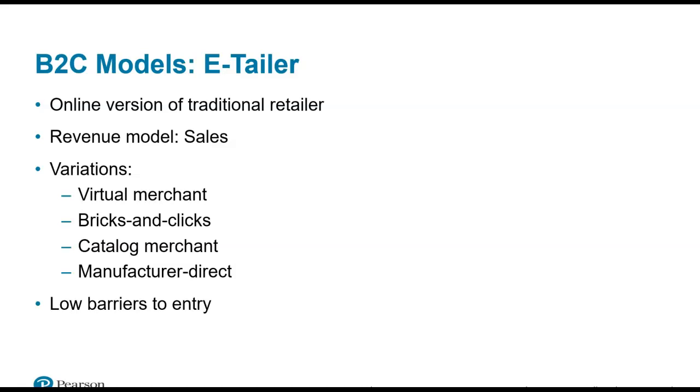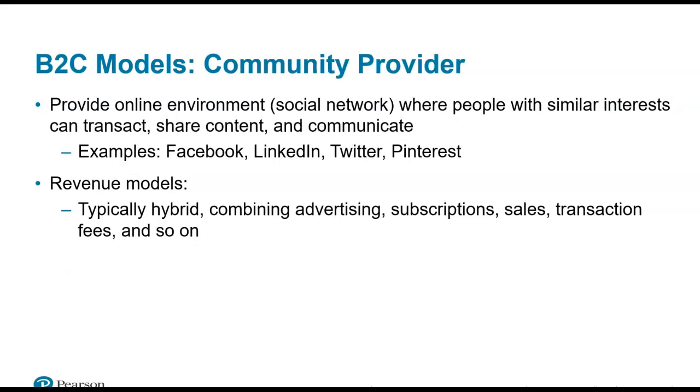And then manufacturer direct simply means a lot of companies, I'm looking at you, Nike, are saying, why should we sell through retailers? We can sell directly to our consumers. We say there's low barriers to entry. There's nothing to stop someone from setting up an e-commerce store. Doesn't mean it'll be cheap or easy, but there are low barriers in terms of anybody can do it.